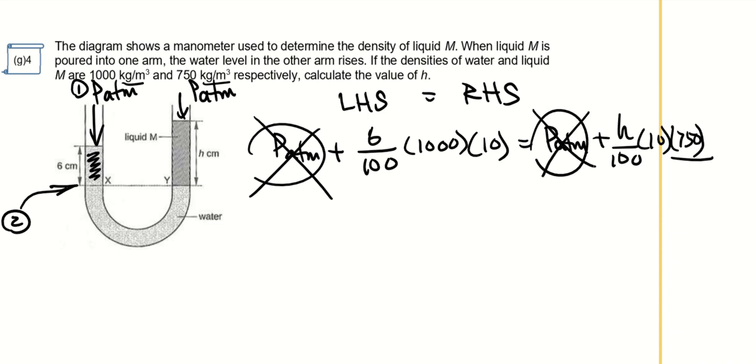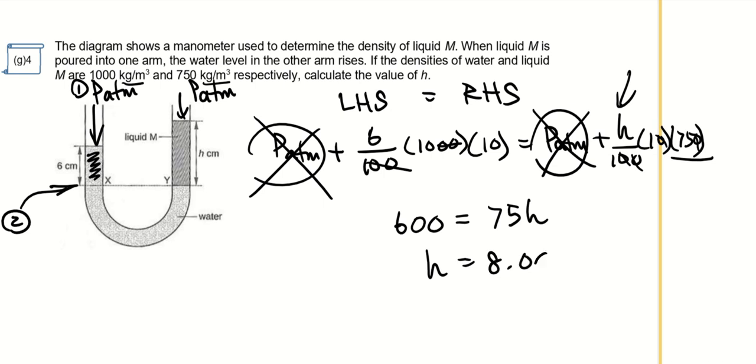So let's do our calculation. On the left hand side, it will be 600. On the right hand side, remember to convert your H to meters. On the right hand side, we have 75H. So therefore H is actually 8 cm.